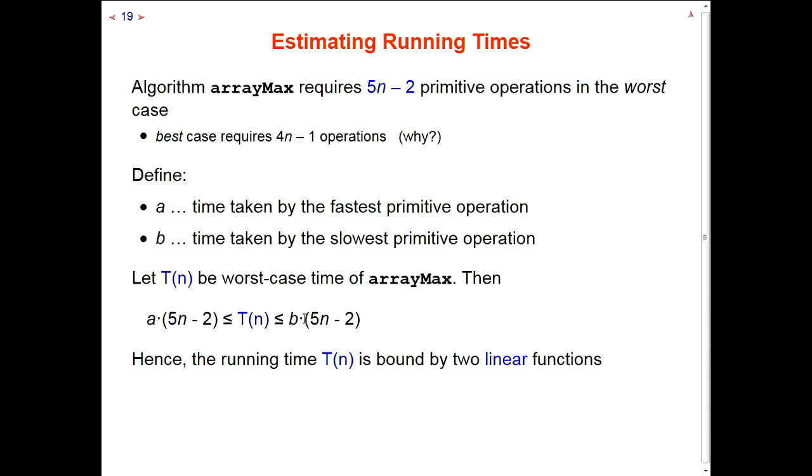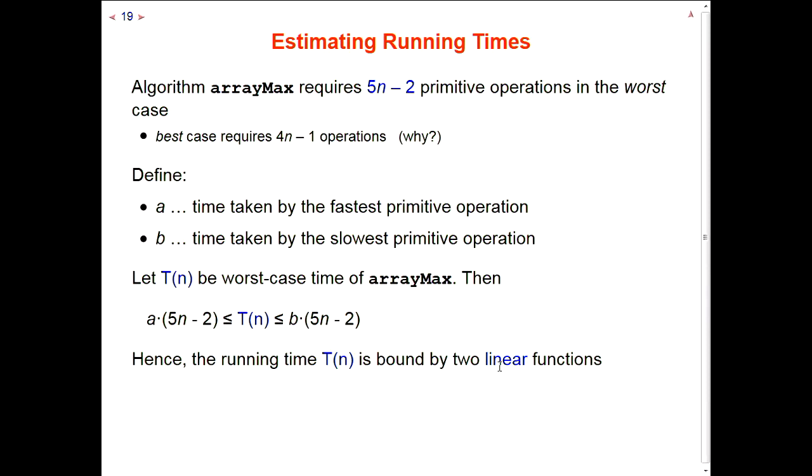And what we can then say is that the running time T(n) is bound by two what we call linear functions. Why linear functions? Because the size of the input n occurs as a linear factor here.